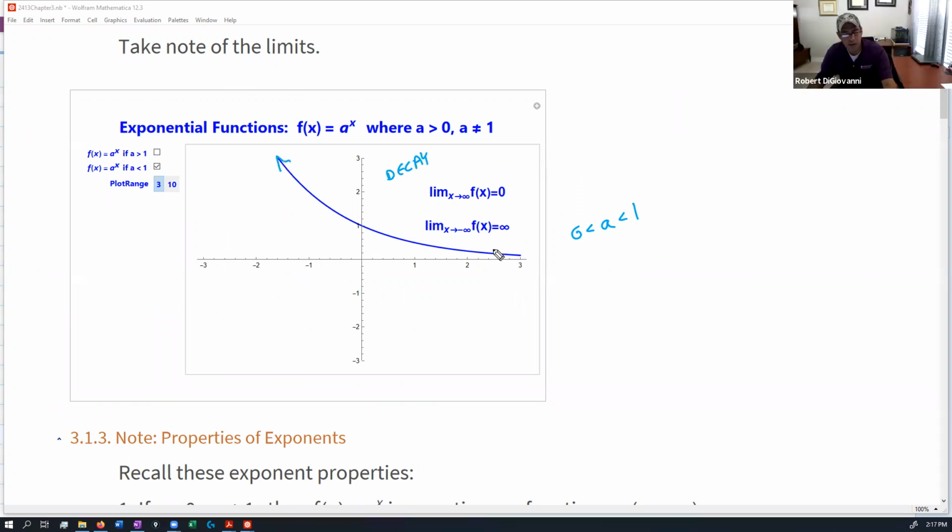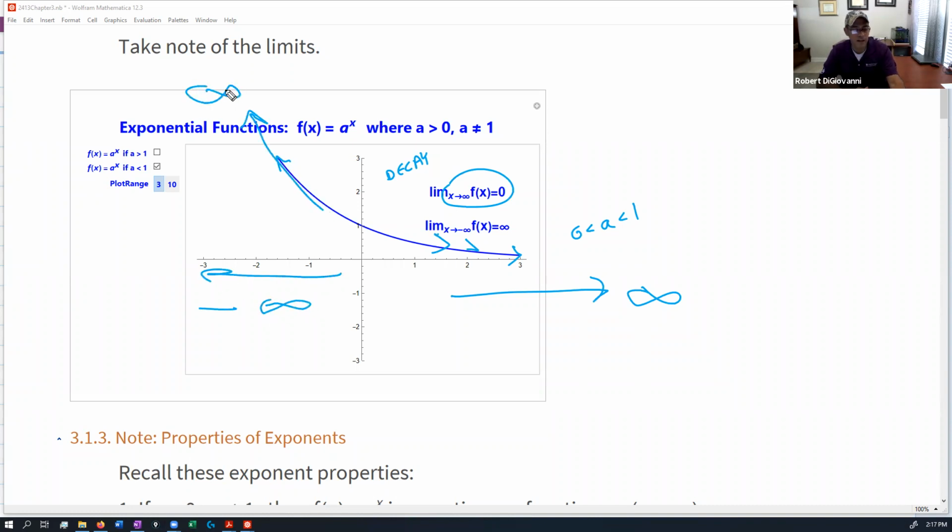So it's the opposite of what we just saw. As you go out to infinity, this way, the function dives down and heads asymptotically to 0. If you go to negative infinity, this heads up to positive infinity. And so these kind of switch places compared to the exponential growth.